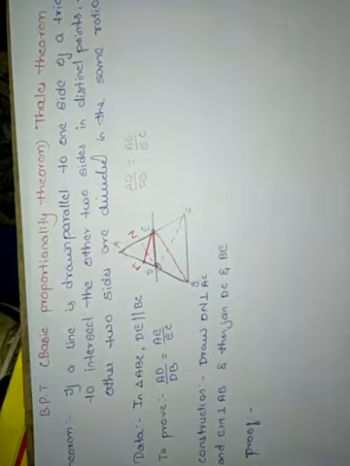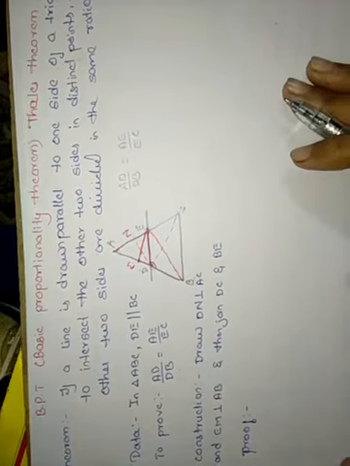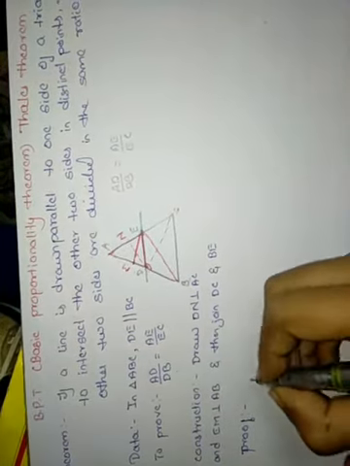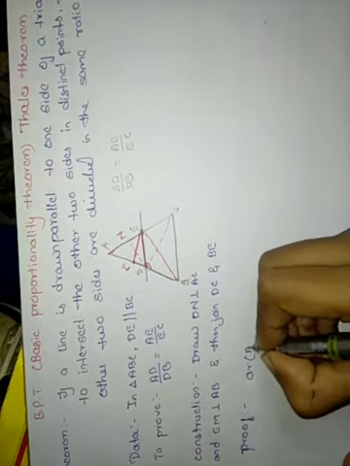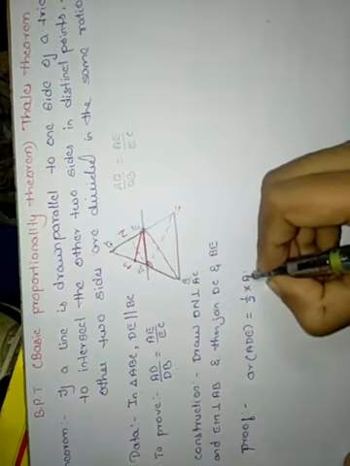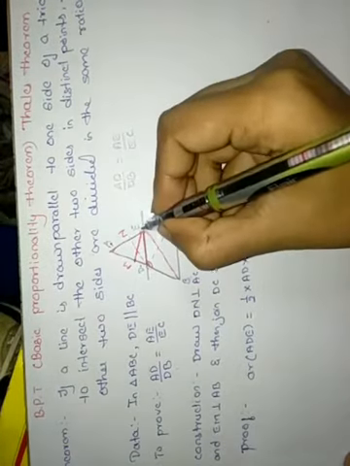We'll use the area of a triangle formula here. Area of triangle ADE is equal to half into base AD into height EM.